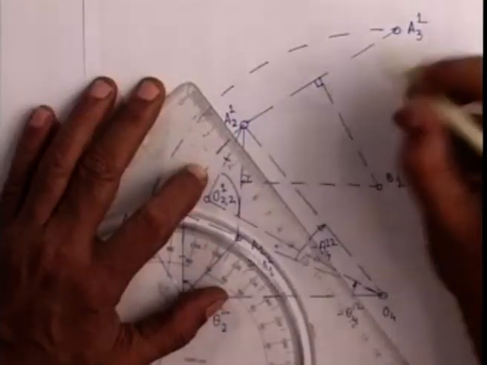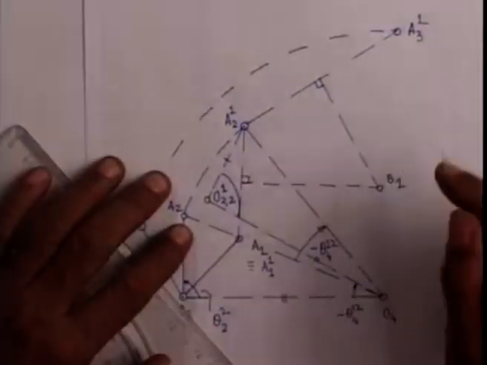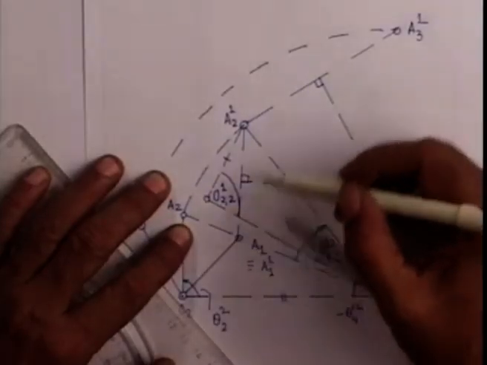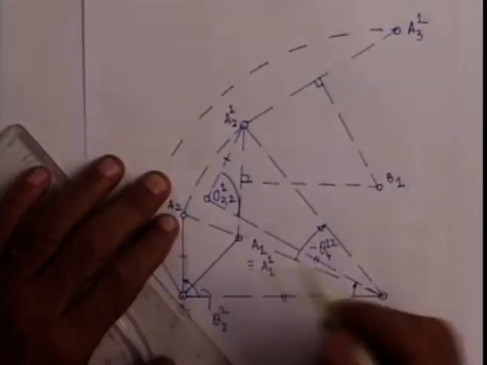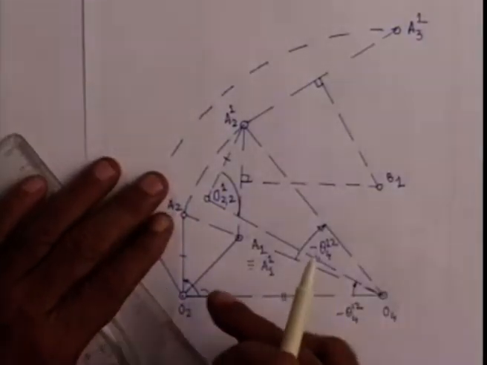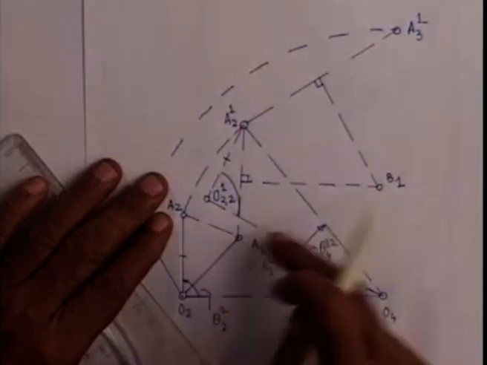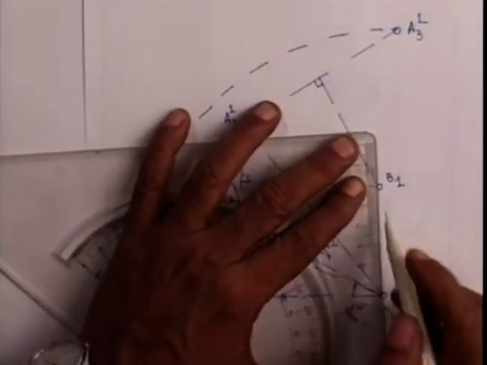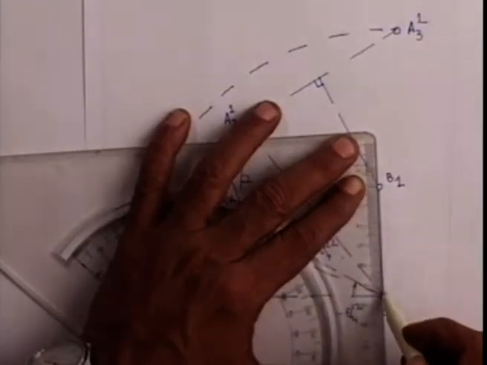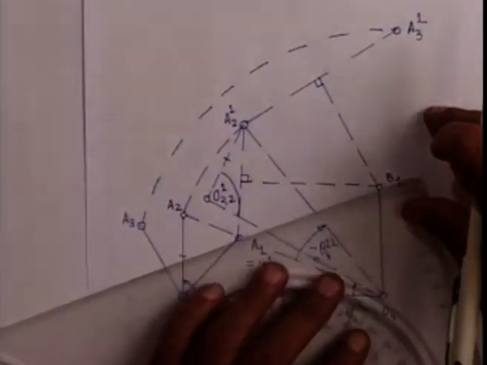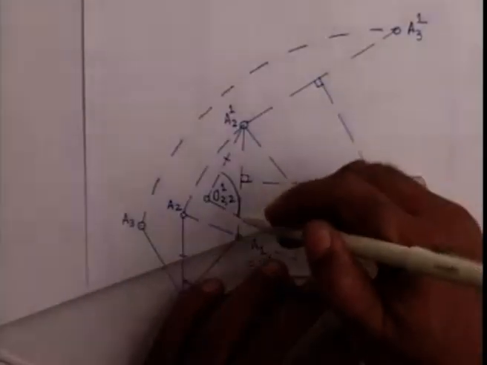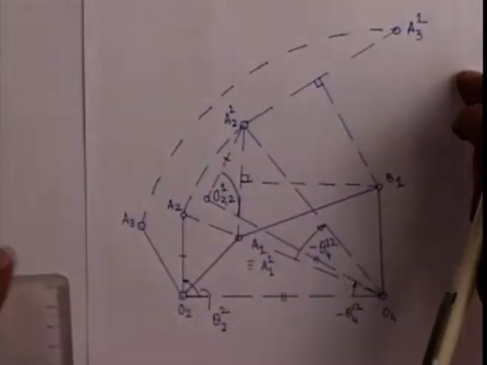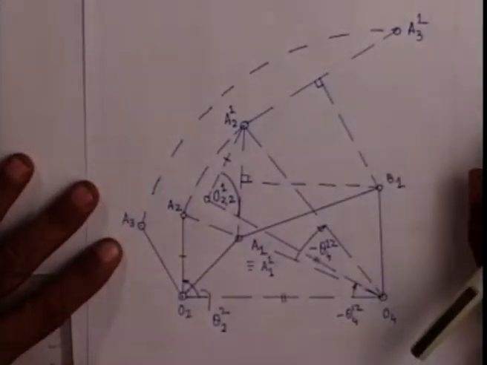This is again perpendicular. So these two perpendicular bisectors meet at B1, that is B1 is the center of the circle passing through A11, A21 and A31, and we have designed the required linkage in this first configuration as O2, A1, B1, O4. So we get the required 4R linkage to generate the two prescribed pairs of coordinated movements of the input and the output link. O2A1B1O4 is the required linkage.